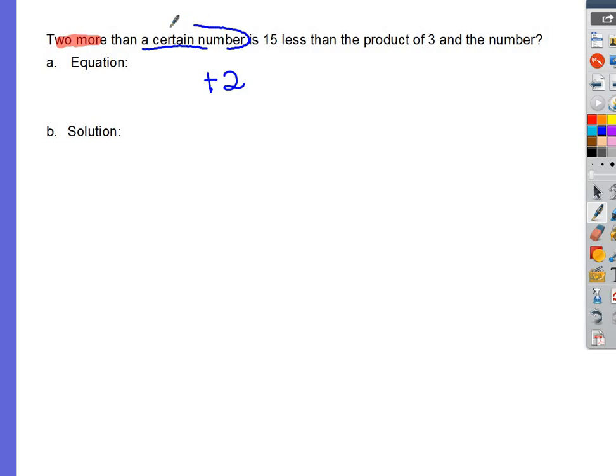So when they use the word certain number, that is your variable. So I'm going to call that x. So they're saying if you take x, a certain number, and you add 2 to it, is your equal sign, so equals 15 less. So we're going to take away 15. Then the product means to multiply, of 3, and again that number means your x.